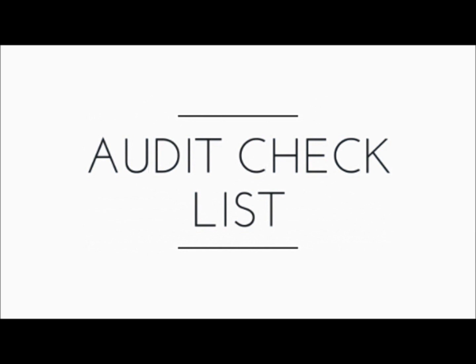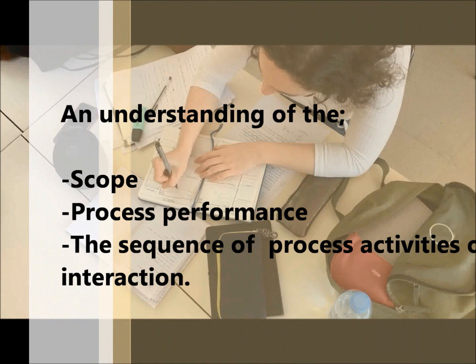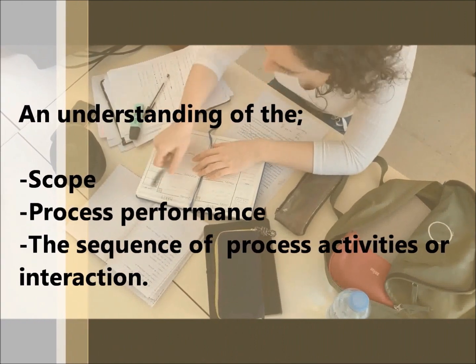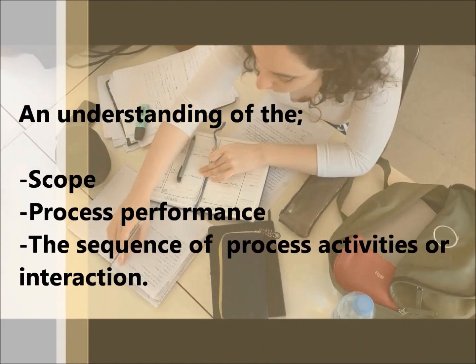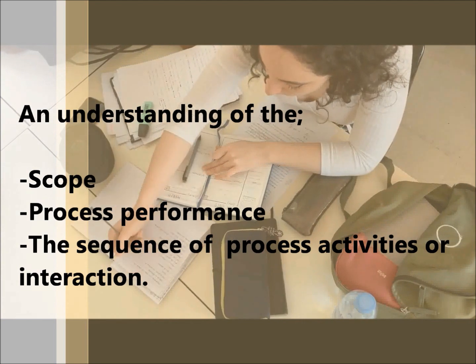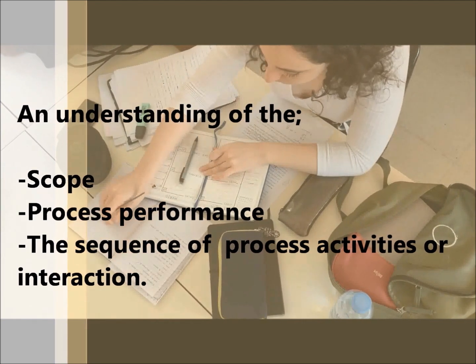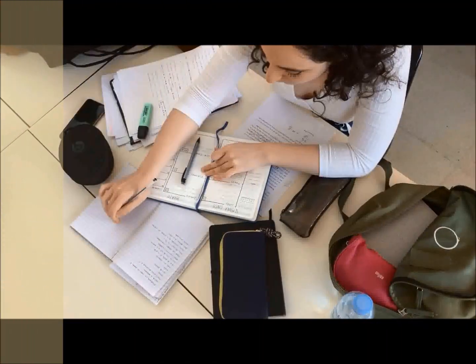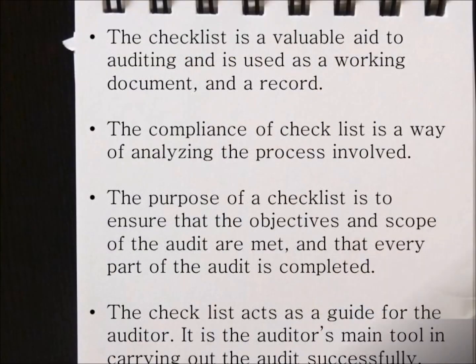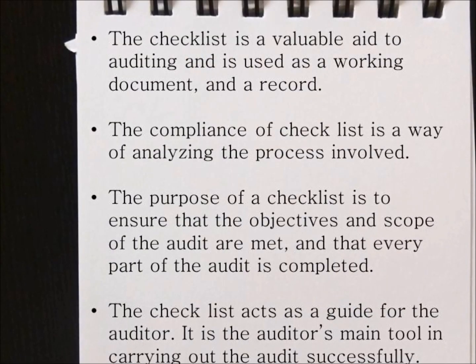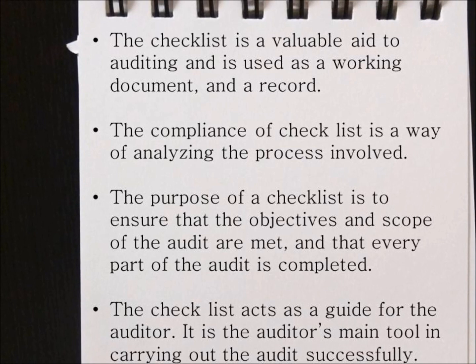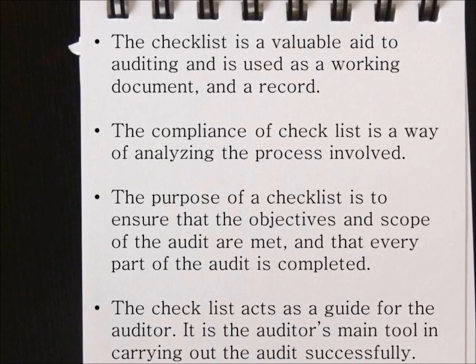How to prepare the audit checklist. The development of the checklist takes place after the auditor has gained an understanding of the scope, process performance and the sequence of process activities or interaction. The checklist is a valuable aid to auditing and is used as a working document and a record.